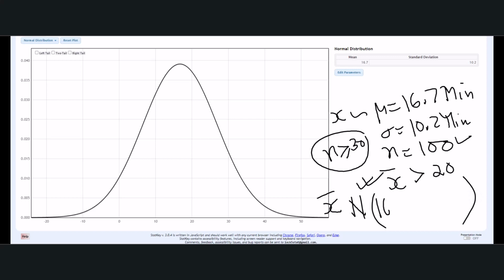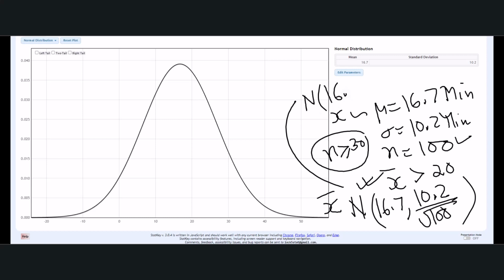The mean would be the same, but the standard deviation would be how much? 10.2 divided by the square root of 100, so that will be a normal distribution with mean 16.7 and 10.2 over 10, which would be 1.02.